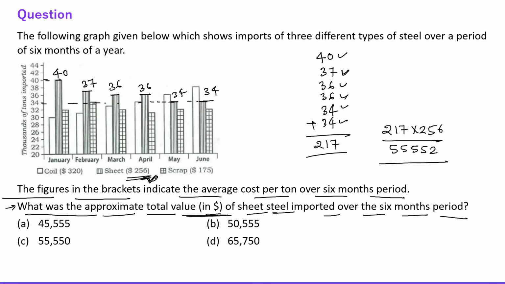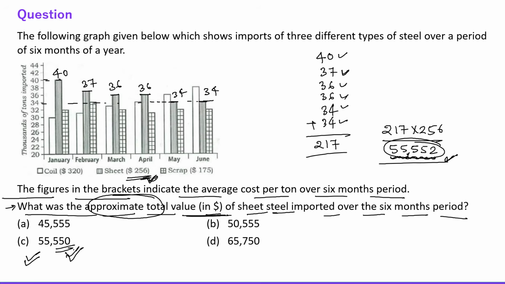This will be the answer. But the thing is, this option is not available. The question is saying what was the approximate total value? Approximate. So this value is closest to which option? This value is closest to C option, 55,550. So this is actually 55,552, so this is closest to 55,550. So the correct answer is C option. C option would be the right choice.